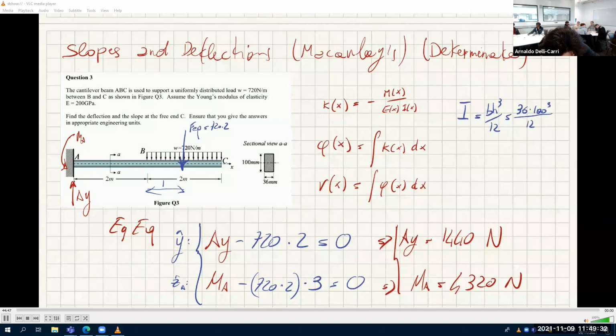How much is this in millimeters to the power of 4?